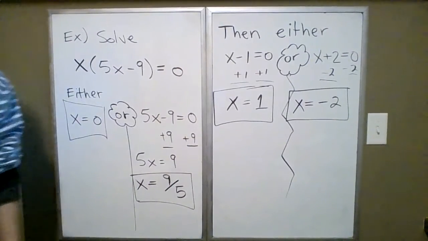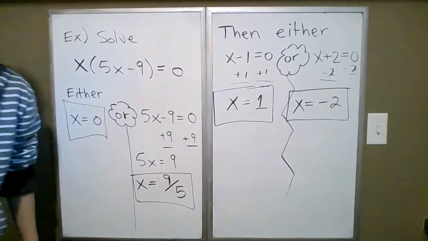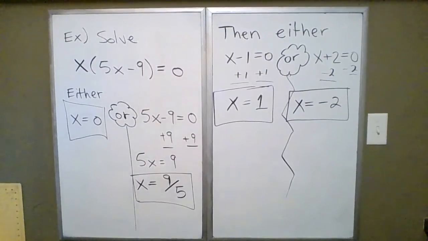Okay, now we look at something like 2x squared minus 5x, and it's equal to 0.